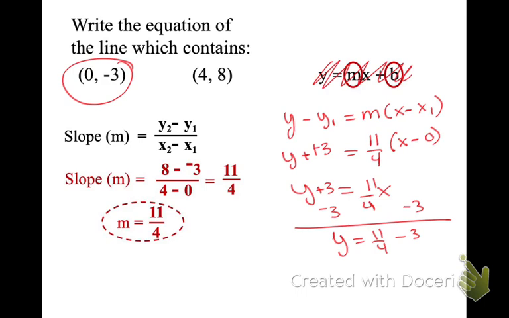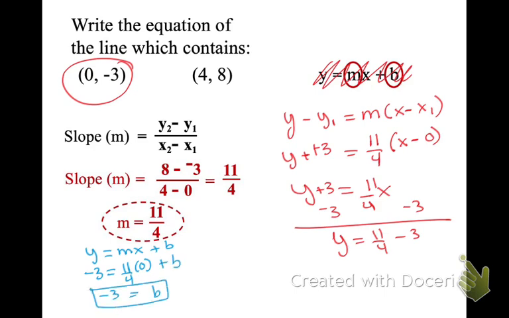Now, what bothers me about the other method, y equals mx plus b, is I put the point in: negative 3 equals 11 over 4 times 0, plus b. b equals negative 3.